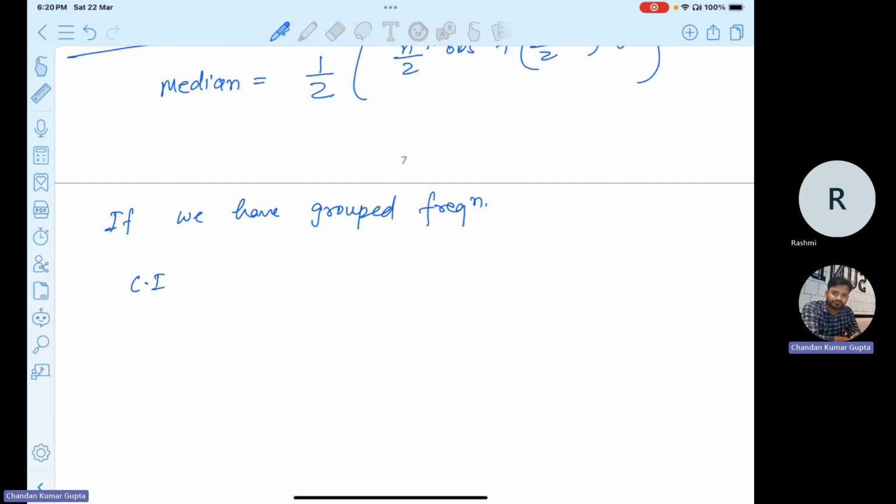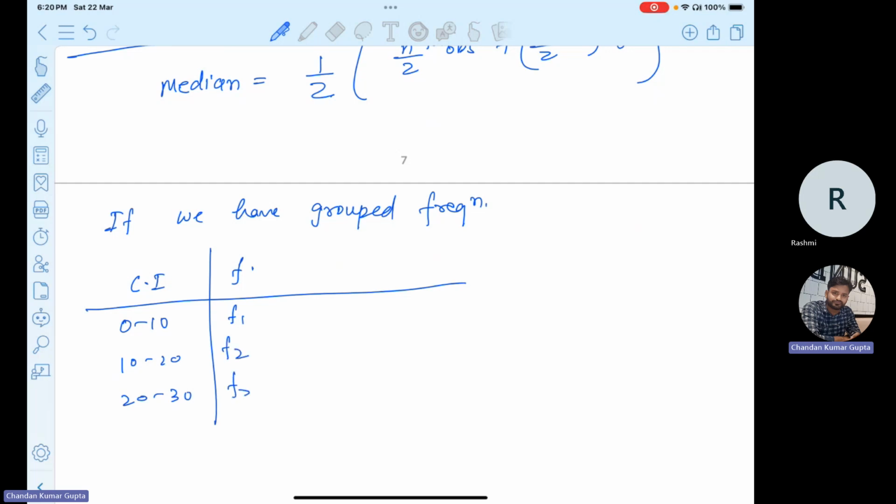We have class intervals like 0 to 10, 10 to 20, 20 to 30, with frequencies F1, F2, F3. We also have cumulative frequency, that is F1, F1 plus F2, F1 plus F2 plus F3, and so on. This is how group frequency distribution data looks.